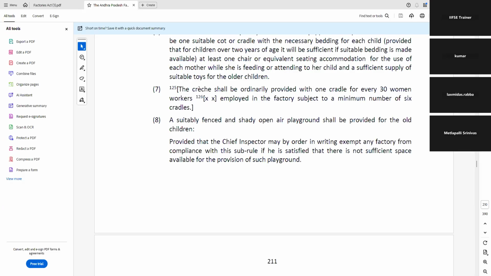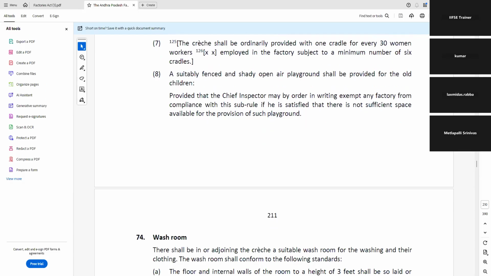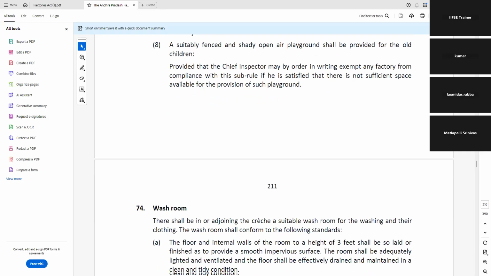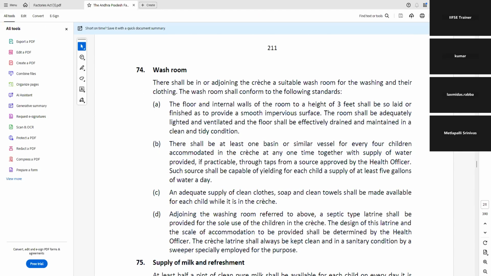Okay, it is fenced, with an open playground area, provided that the Chief Inspector may, in writing, exempt any factory from complying with this sub-rule if he is satisfied that there is not sufficient space available for the provision of such a playground. So we can take the exemption also if such a provision or place is not available.